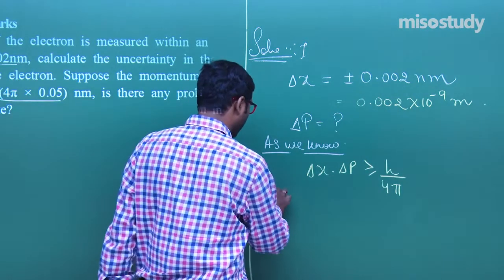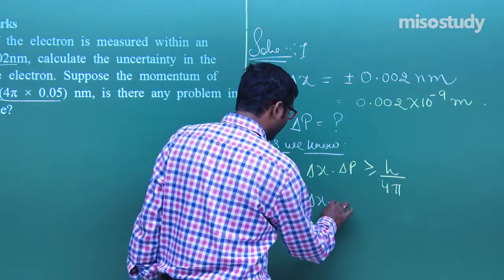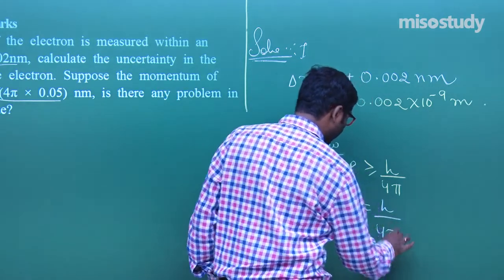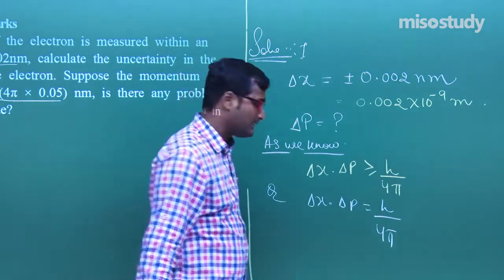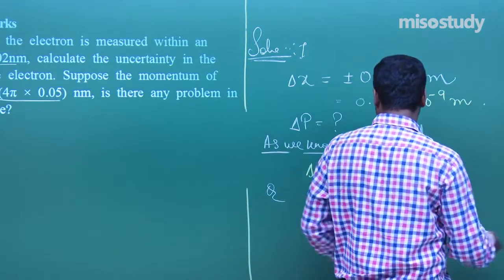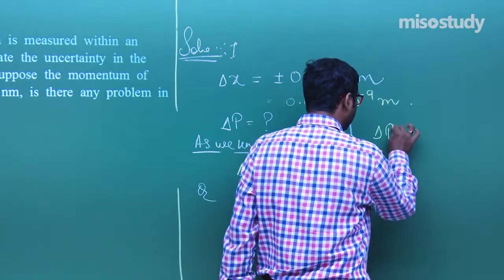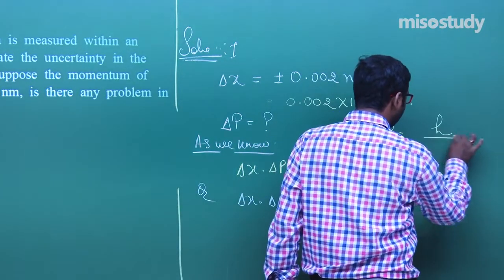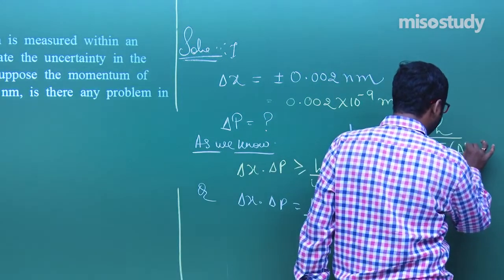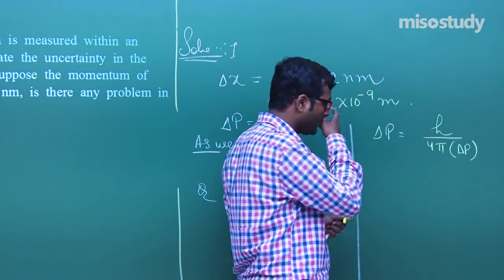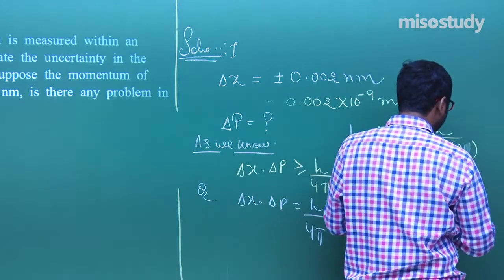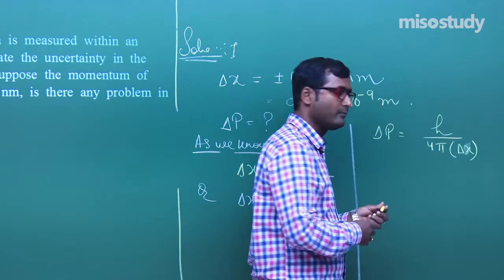For solving, we can take delta x into delta P equal to h upon 4 pi. Am I right? Yes sir. Now put the value of delta x. Delta P is equal to h upon 4 pi into delta x, because we need to find the delta P value. Put here delta x.